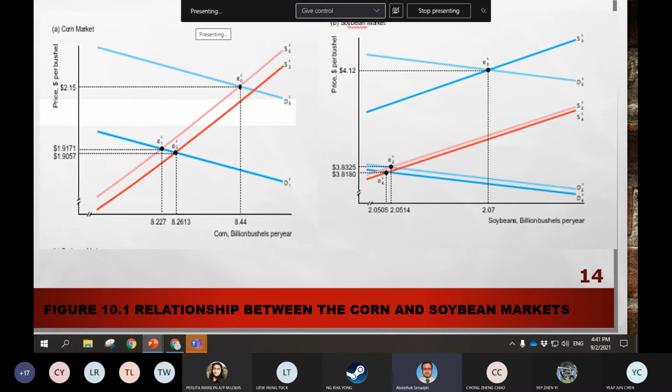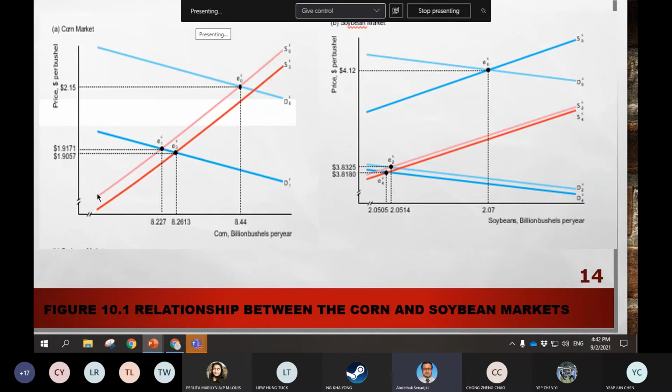So the fall in the price of soybean relative to the price of corn shift the supply curve of corn to the right. Okay. So now farmers, since the price of soybean decreased, try to supply more corn, and this shifted the supply of corn from S0 to S1 to the right.